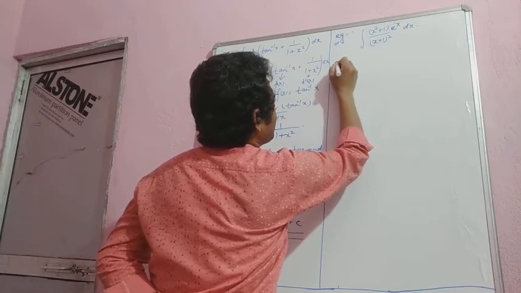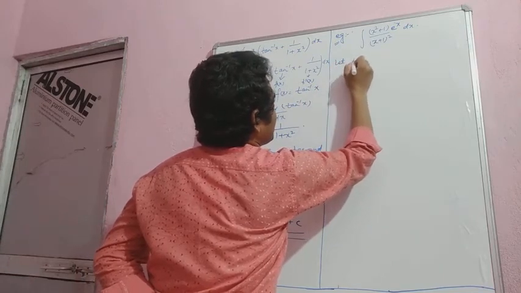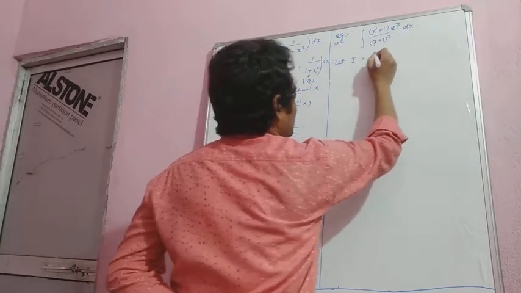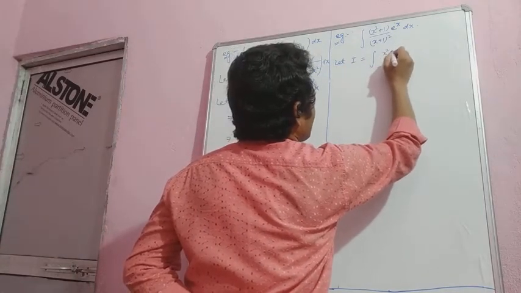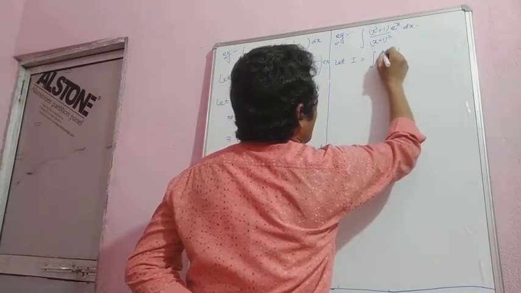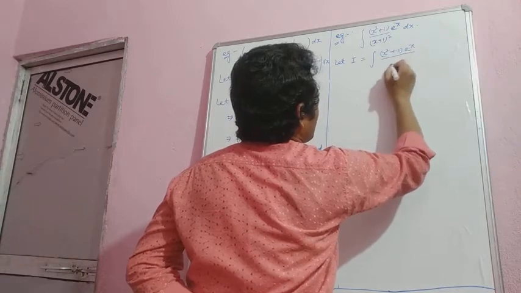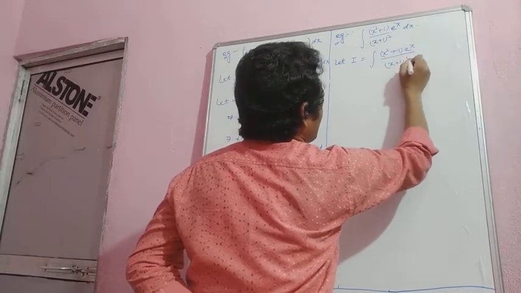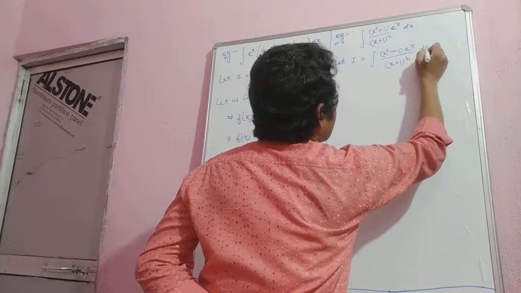Let I is equal to the integration of (x square plus 1) into e to the power x upon (x plus 1) whole square dx.